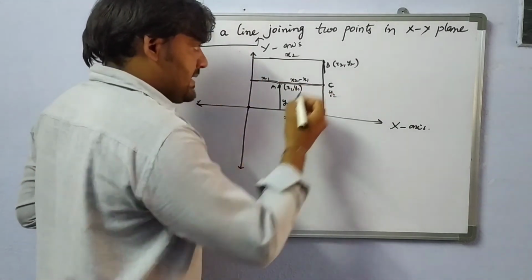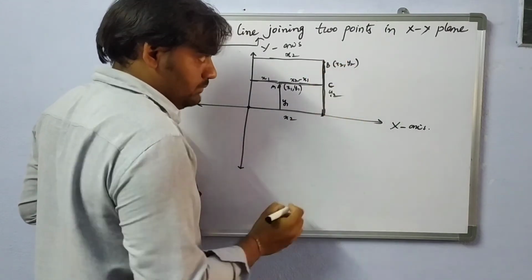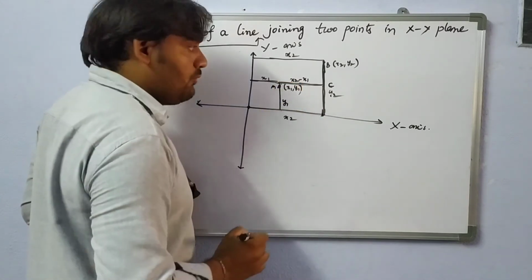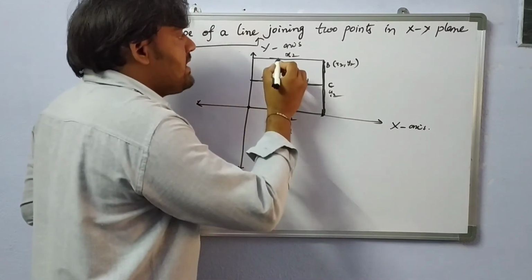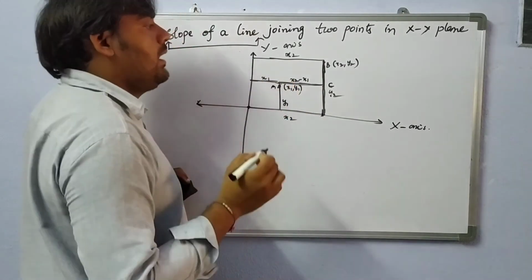Now, from here to here the total length is y2. Next, here to here is y1, isn't it? Then what is the length from here to here? y2 minus y1.